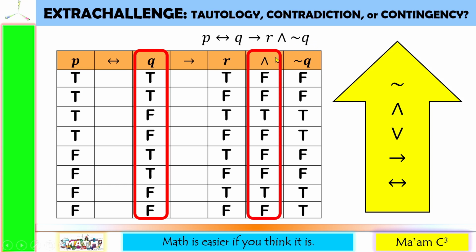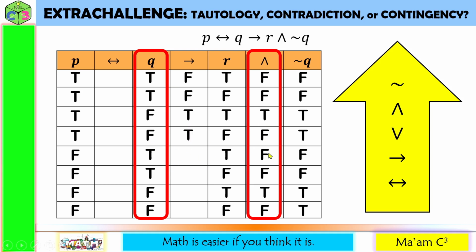So this column. Since this is implication, a true hypothesis followed by a false conclusion will yield a false implication. Otherwise, it is true. So like this one, true, false, so this is false. True, false, so this is false. False, true is true. False, false is true.